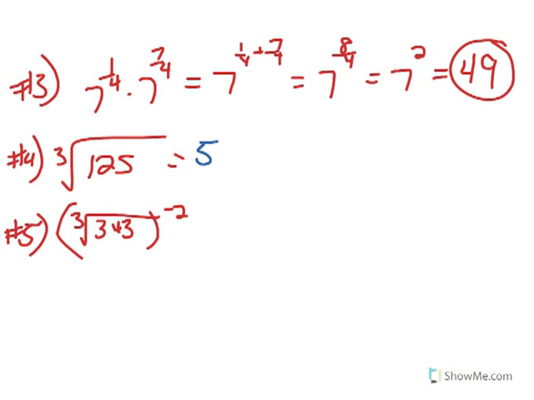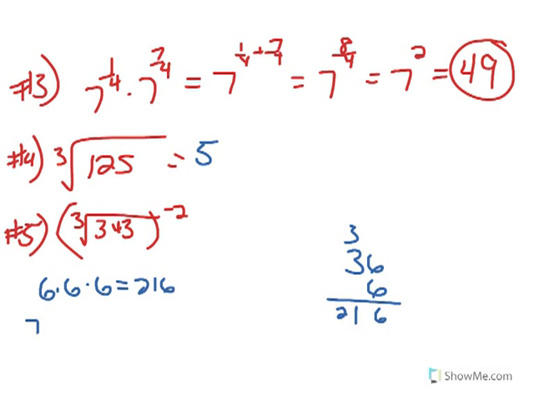What is that cubed root? We know it's not 5, because 5 times 5 times 5, we just found out it's 125. Let's try 6. 6 times 6 is 36. Times 6 more. I'm not sure. 6 times 36. 6 times 6 is 36. 6 times 3 is 18. 19, 20, 21. That didn't work. That's 216. Let's try 7.